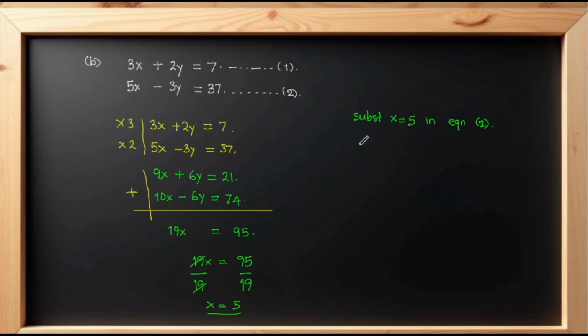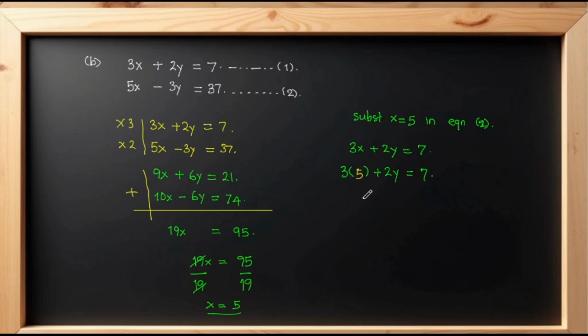So equation 1 is 3x plus 2y equals 7. Now our x value happens to be 5, so we place 5 there, and then we add our 2y equals 7.